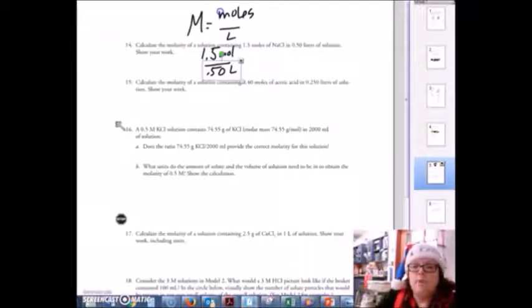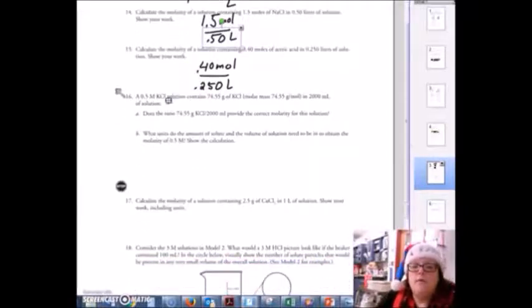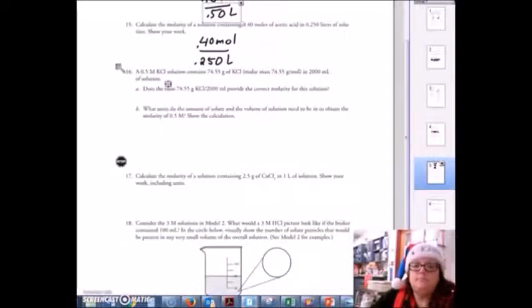Question 16 gives you a 1/2 mole potassium chloride solution, and it gives you grams of potassium chloride in a solution. So the question, does 74.55 grams per 2,000 milliliters give you the correct molarity? And the answer is no. You're going to get a different molarity.